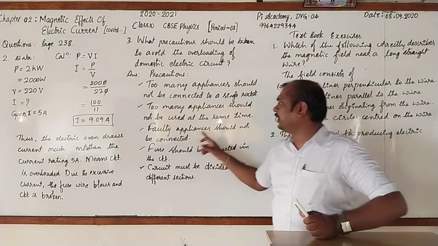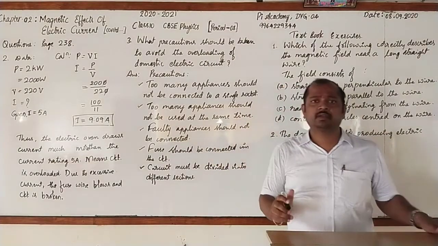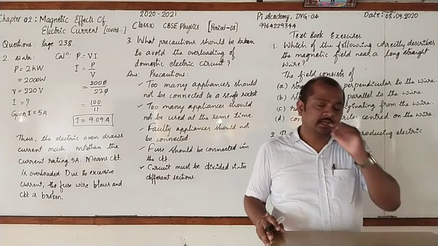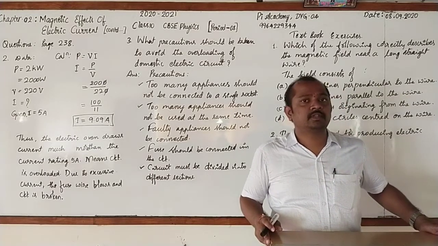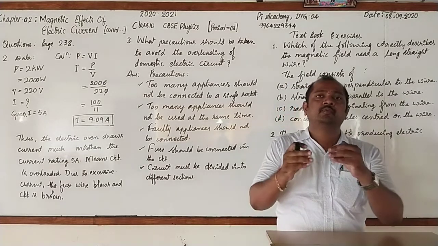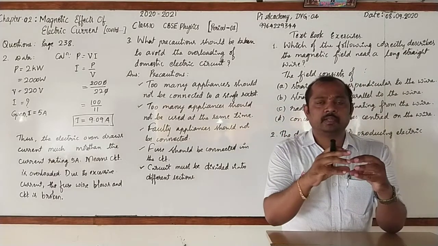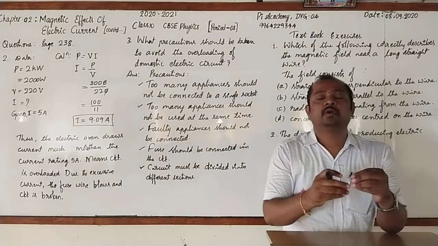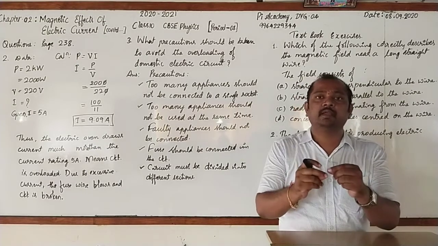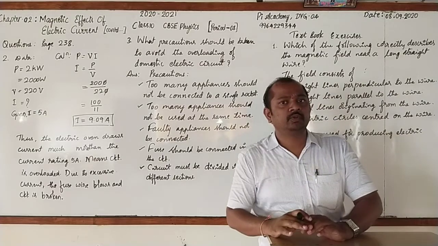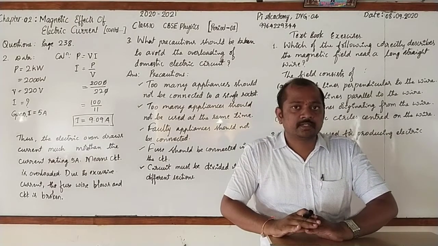Then faulty appliances should not be connected. See, using or connecting faulty appliances is also very dangerous. In faulty appliances, there may not be proper wiring, or else there may be damage to the wiring. So these will lead even to short circuits as well.